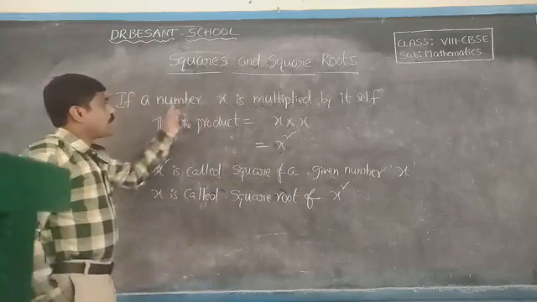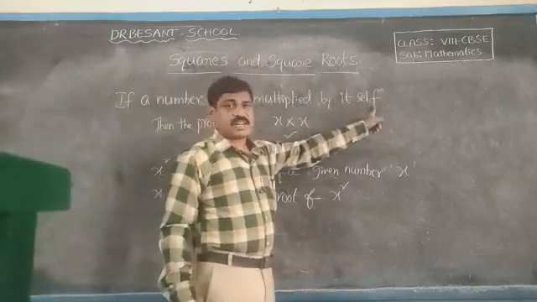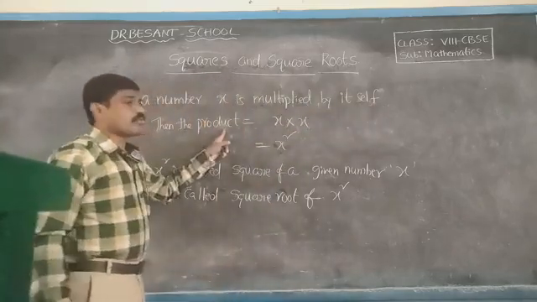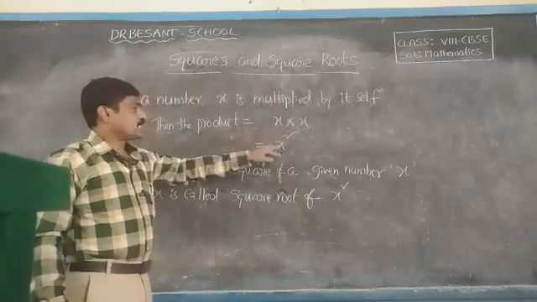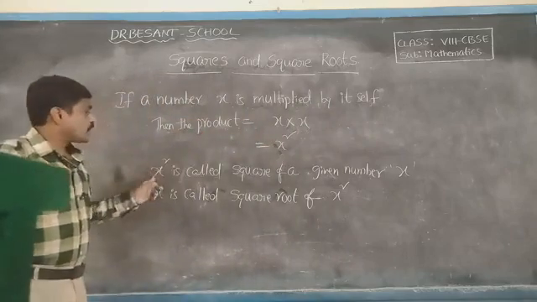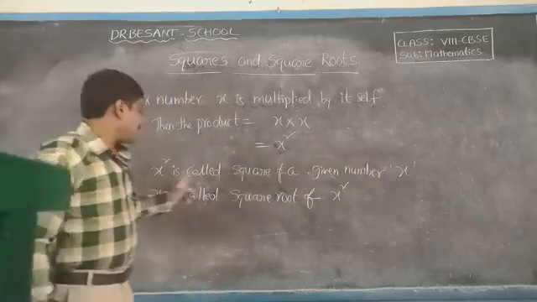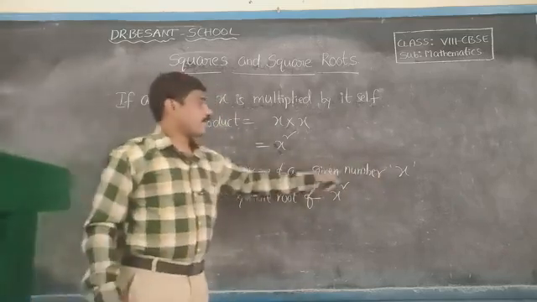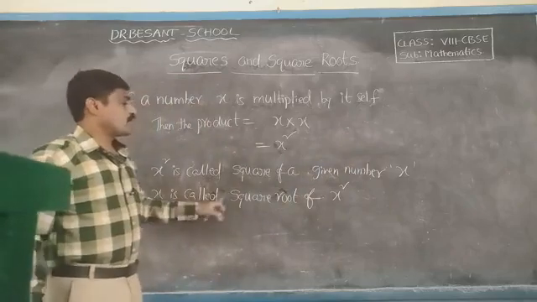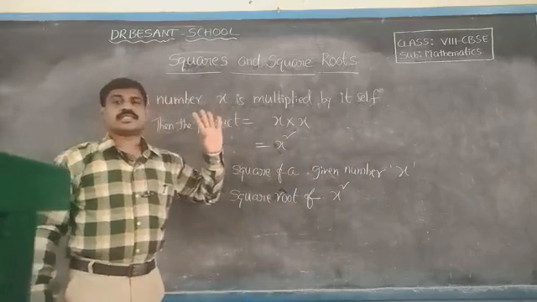See, if a number x is multiplied by itself, then the product is equal to x into x, that is equal to x square. So x square is called square of a given number x. X is called square root of x square.